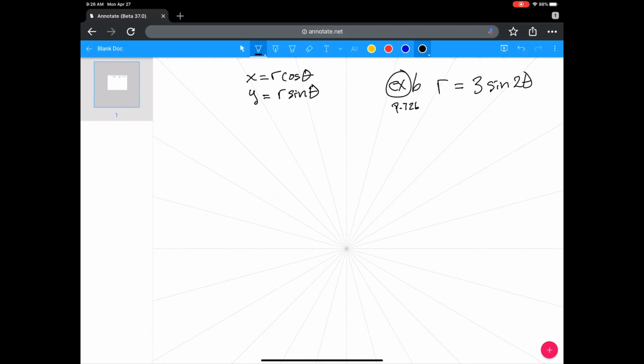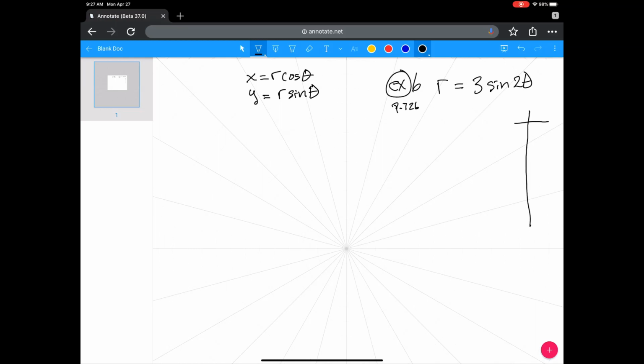Looking at this example, r equals 3 sine 2 theta, if we wanted to graph this, I could set up a table of values and start just plugging things in and seeing what I get. Even some of that is still good to do. But to transition between the angle values and to connect the dots, sometimes it's helpful to see the pattern that you're going to get, especially if you have a trig function, because our trig functions are fairly well understood.